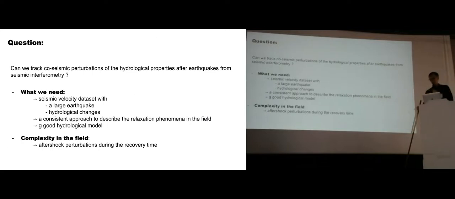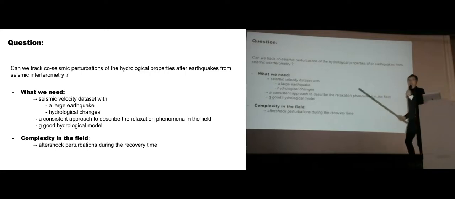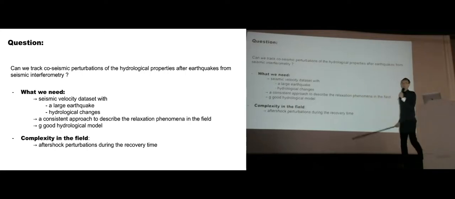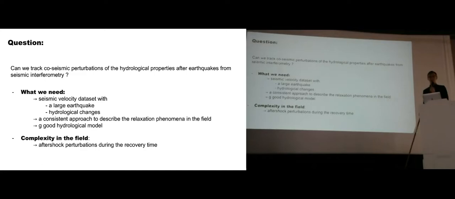So the questions that we would like to answer here are, can we track the co-seismic perturbations of the hydrological system? Can we see that actually during an earthquake, not only the velocities change, but the hydrologic system changes and the parameters that we can usually model the system with don't work anymore?